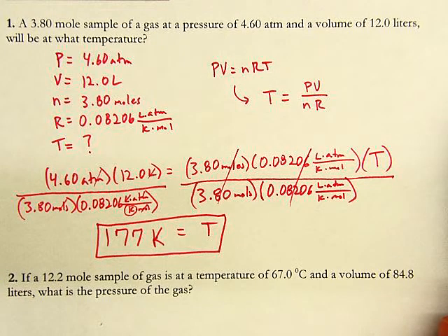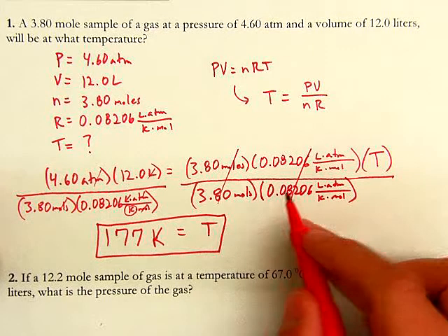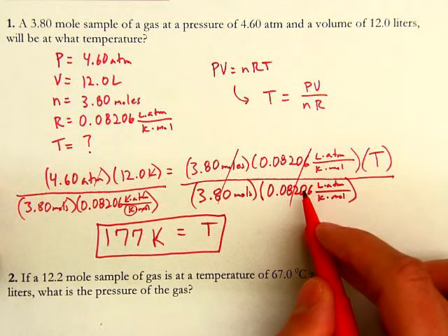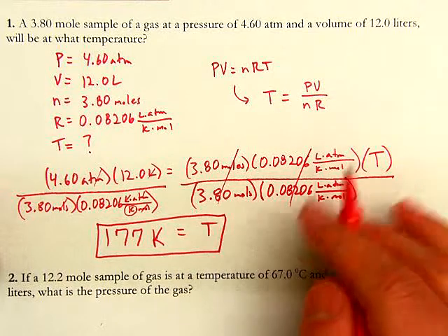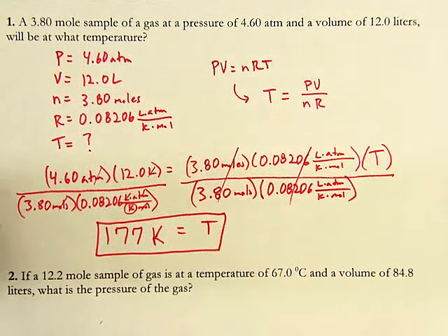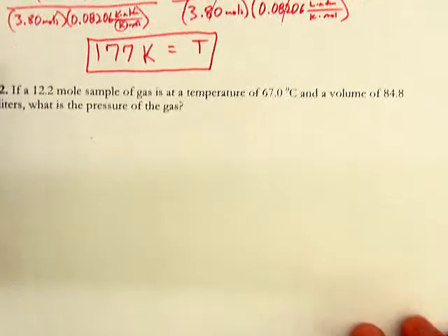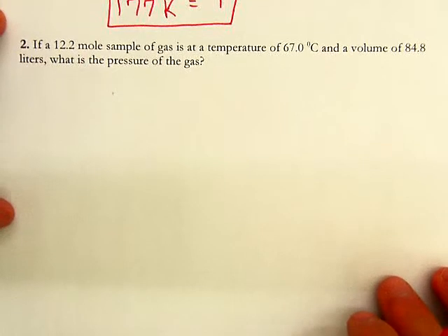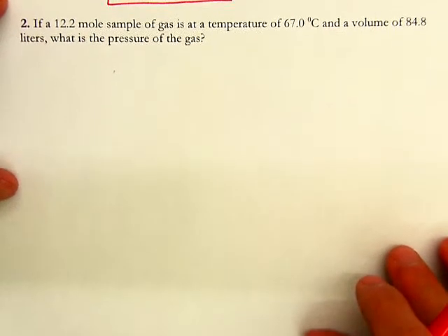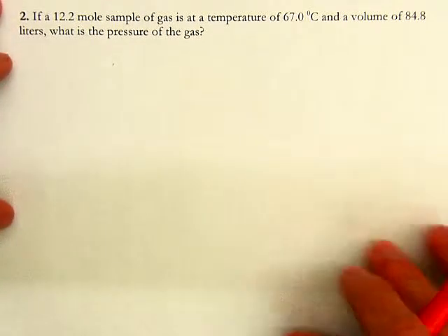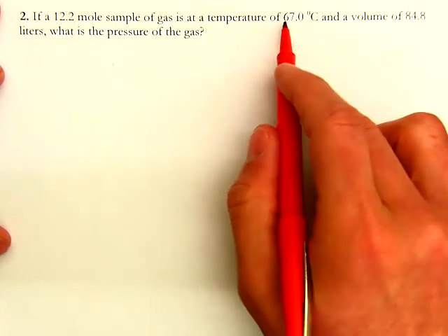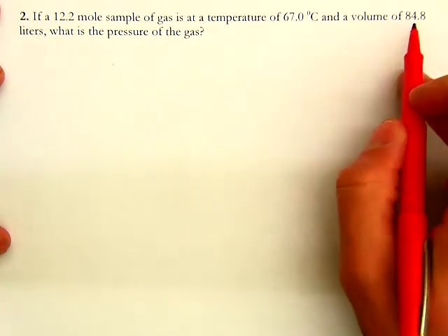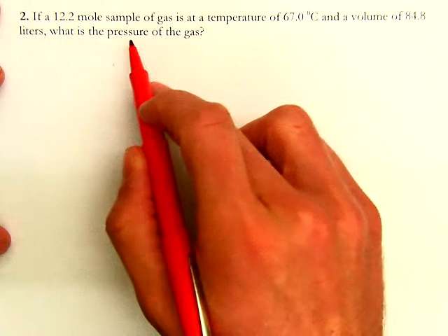Now let's do something a little different. I want to solve for a variable on the opposite side, because this was pretty close to the last one, but last time we had temperature and not moles, but the way that we divided was the same. This last problem, you are given moles, temperature, volume, but you don't know the pressure.